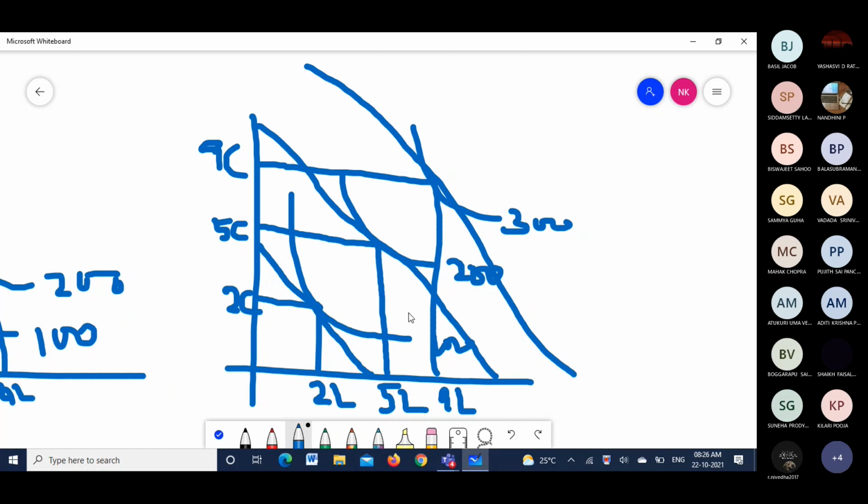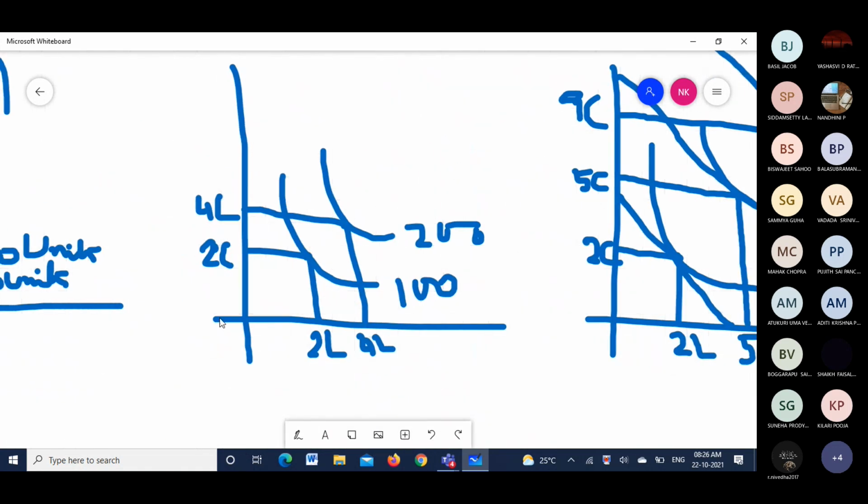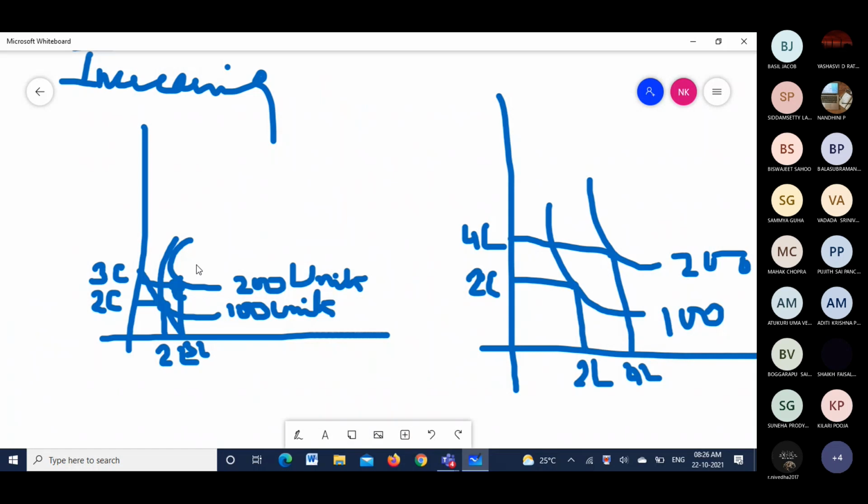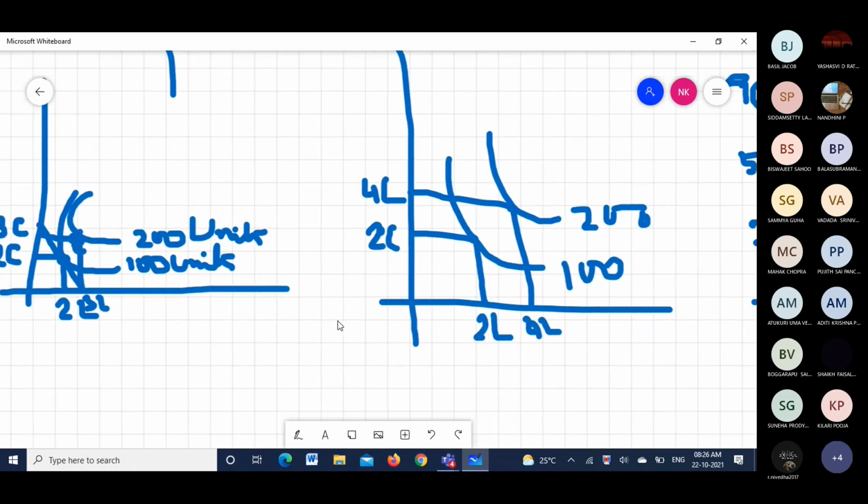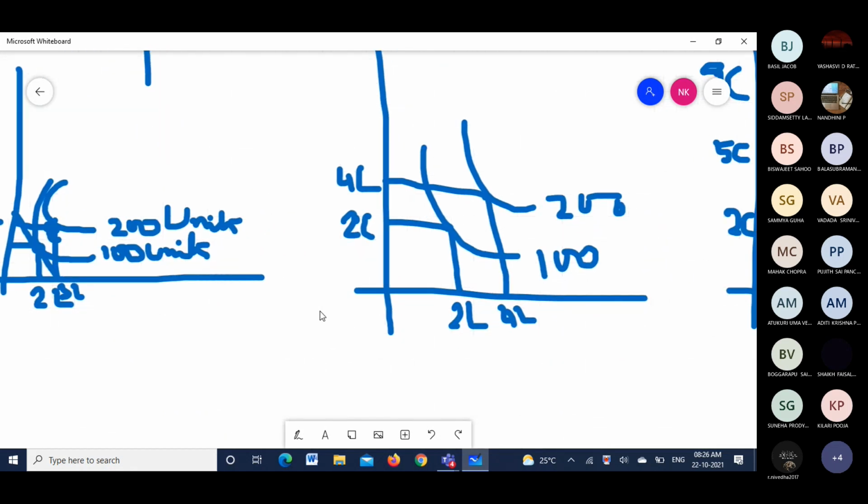But whichever is easy for you, just follow that. I don't want you to complicate it, but be clear on the concept alone. So this is increasing returns, where fewer inputs are used to get the same level of output. So this is what isoquant and the laws of returns to scale are.